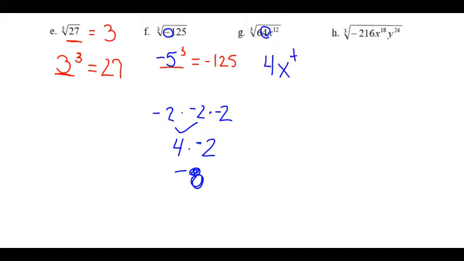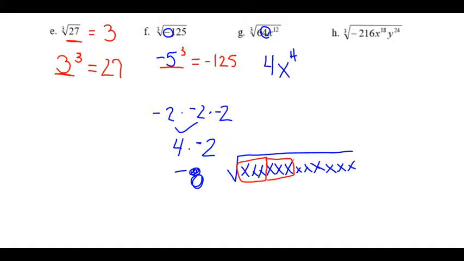What you're really doing is figuring out, underneath that radical, if I draw out 12 x's, how many groups of 3 are under there. And if you look, there are 4 groups of 3. So it's x to the 4th power.